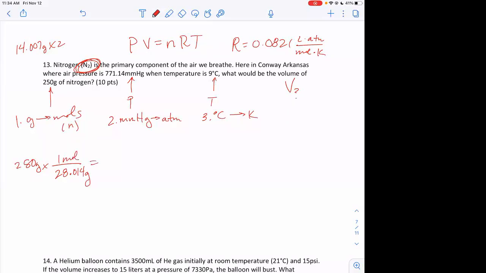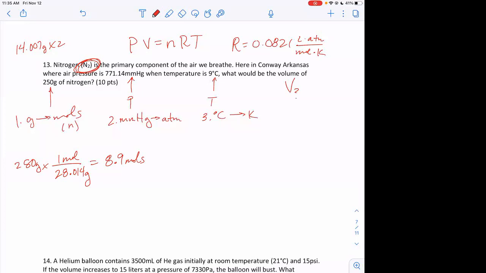And what you should have ended up with was 8.9 moles of nitrogen. A lot of people ended up with like 17.8 something, and that was double. I only counted off like, I think, 3 points total. If you did the conversion wrong and plugged it in and got a wrong answer, I counted off 3 points, but you got the rest of the 7 if you did everything else right. So that's your first conversion.